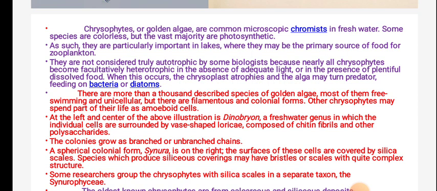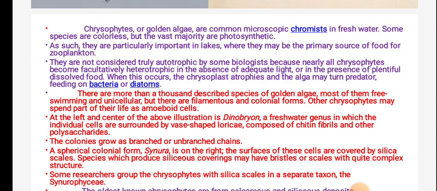Therefore a number of biologists have considered them to be facultative heterotrophs for the ecosystem, and they can also grow in adequate light, in the absence of light, or in some presence of light.